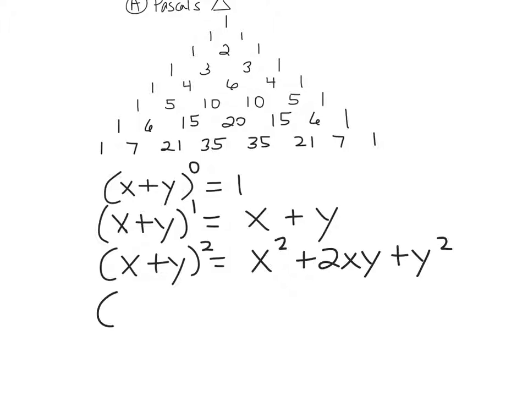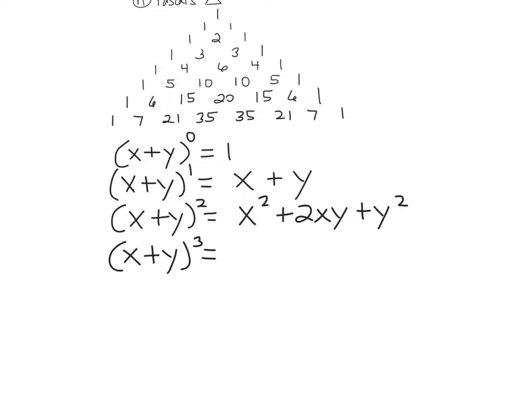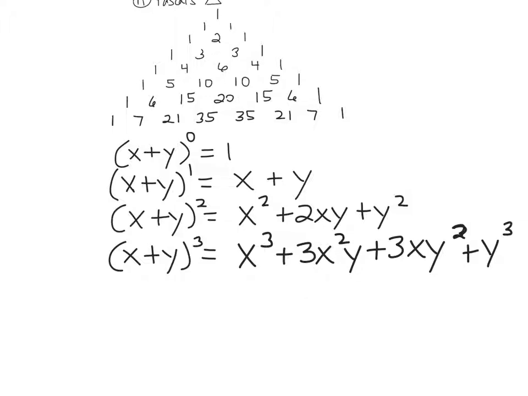The next one is going to be x plus y to the third power, which is going to be x cubed plus 3x squared y plus 3xy squared plus y cubed. If I were to take that x plus y and FOIL it and then super FOIL, that's what I would get. And do you see where the coefficients are?